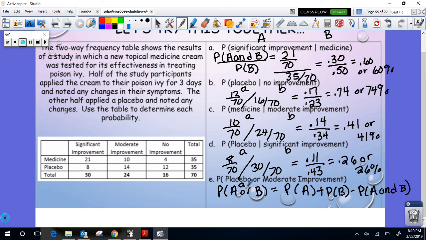This is event A and this is event B. So this should equal the probability of A, the probability of having a placebo, which is 35 out of 70, plus the probability of moderate improvement, 24 out of 70, minus the probability of having a placebo and moderate improvement, which is 14 out of 70.